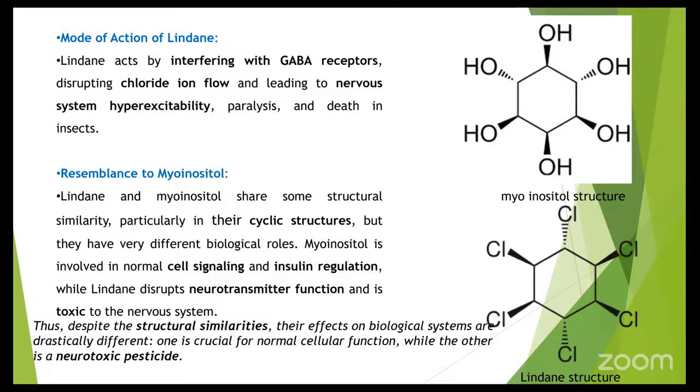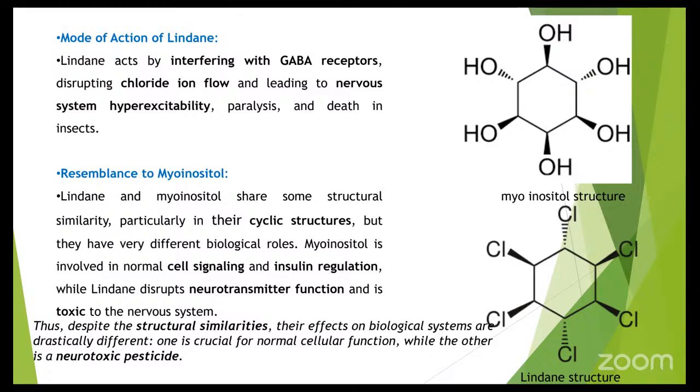Myoinositol is involved in normal cell signaling and insulin regulation, while lindane disrupts neurotransmitter functions and is toxic to the nervous system. Thus, despite the structural similarities, their effects on biological systems are drastically different. One is crucial for normal cell functions, while the other acts as a neurotoxic pesticide.